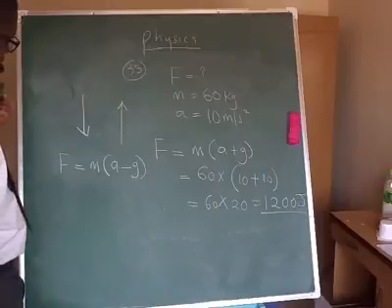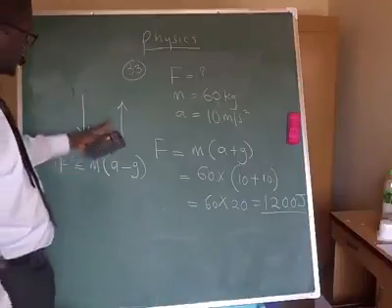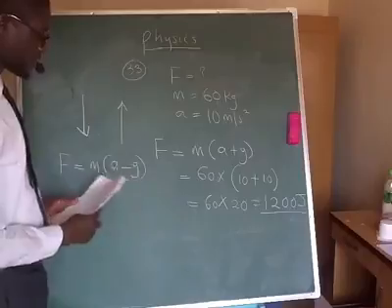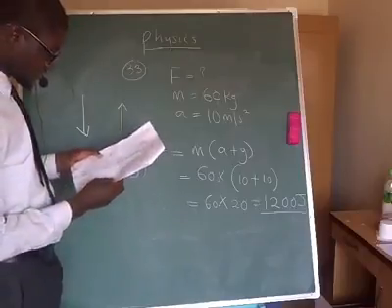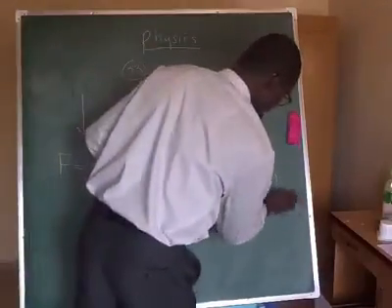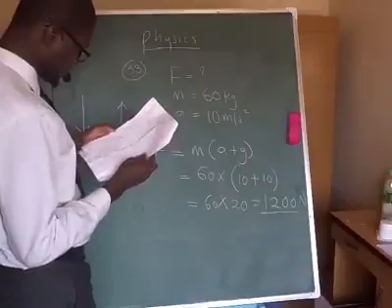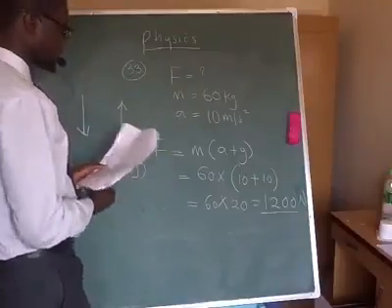But because they say it is moving upwards, we use this formula, and our answer is 1200 joules. Sorry, newtons is force. 1200 newtons. So 33, the answer is option B.